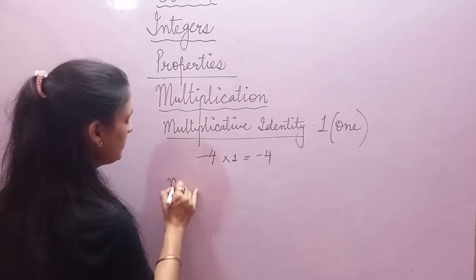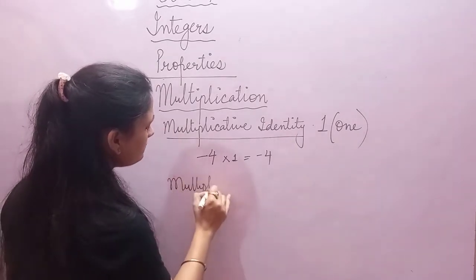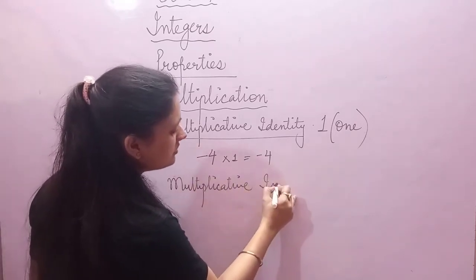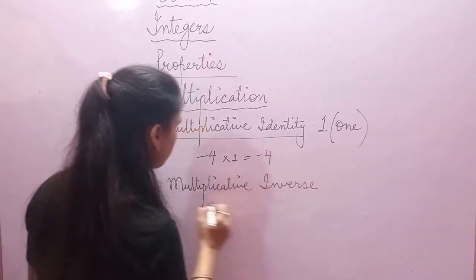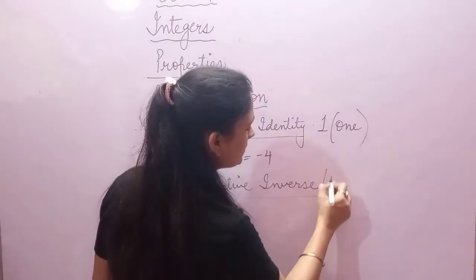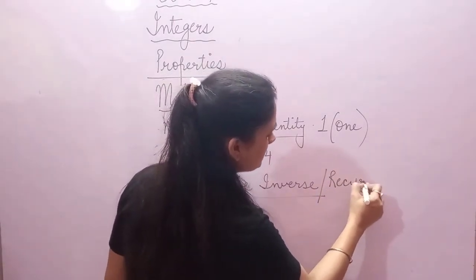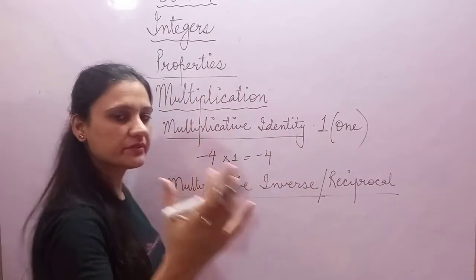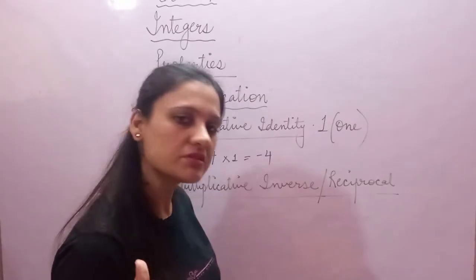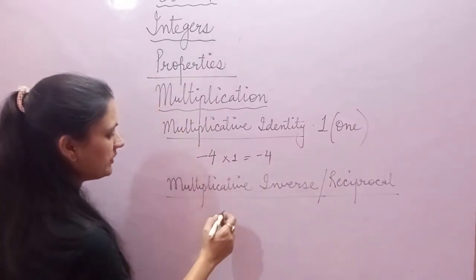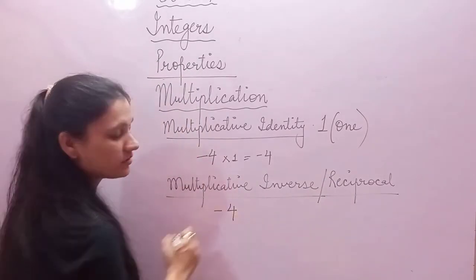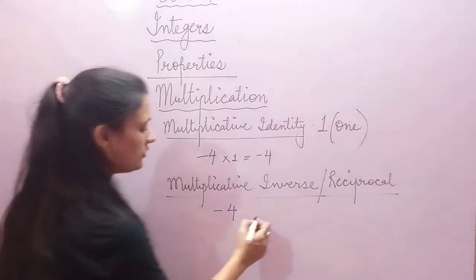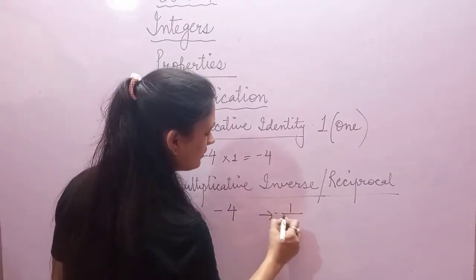Next is multiplicative inverse. Very important. Have you heard about reciprocal? The other name is reciprocal. Means numerator becomes the denominator and denominator becomes numerator. For example, if it is given -4 and they ask you what will be the multiplicative inverse of -4, that is -1/4.